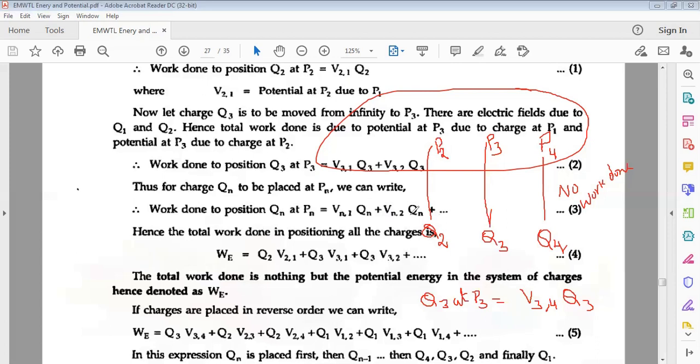Now, a force is exerted on Q2 due to Q3 and due to Q4.